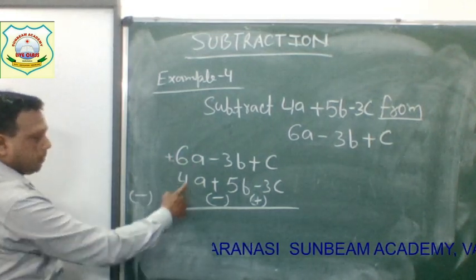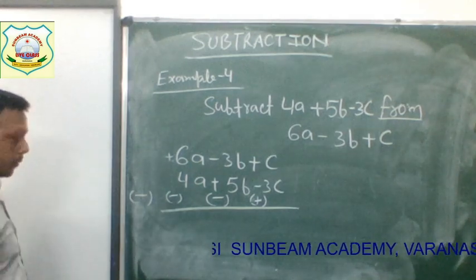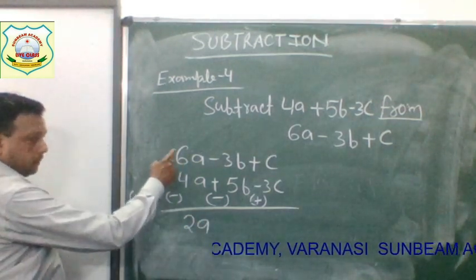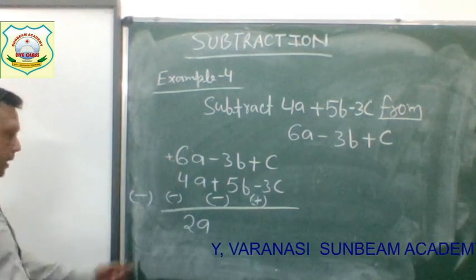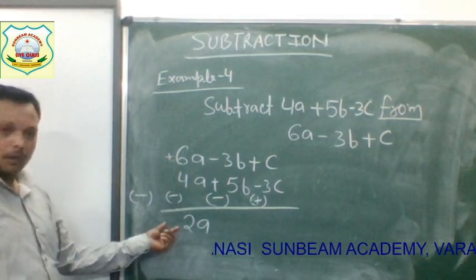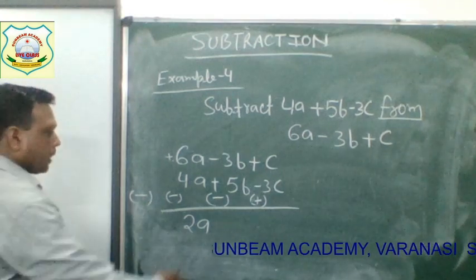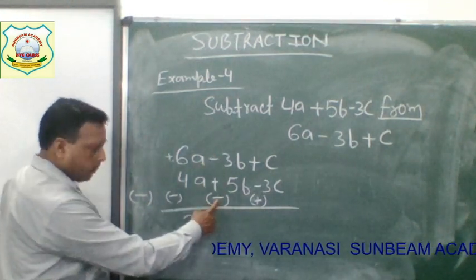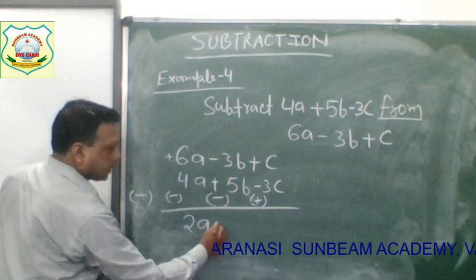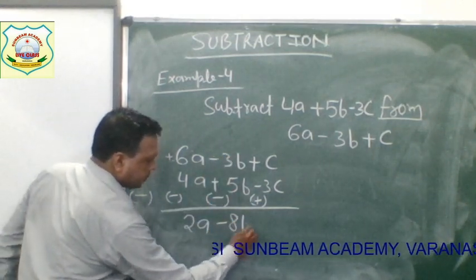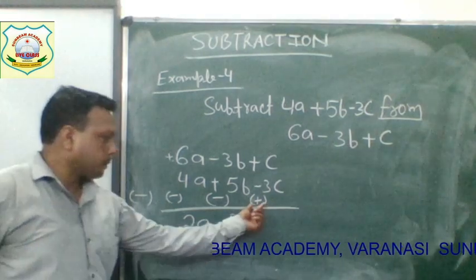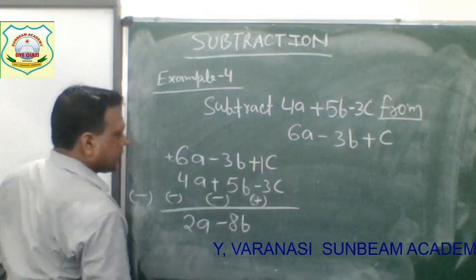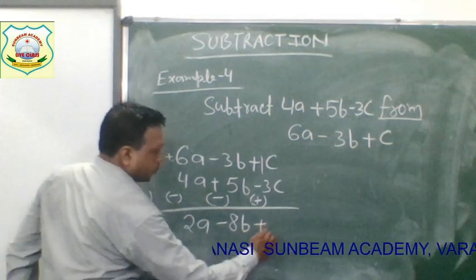So 6a and minus 4a, what value will come? 2a. 6a is greater and this is a plus sign, so we need not write it, it is a default plus sign. Minus, and this is also minus, so minus and minus, 3 plus 5, that is 8b. This is plus 1c, then plus 3c, so plus 1 and plus 3, plus 4c.